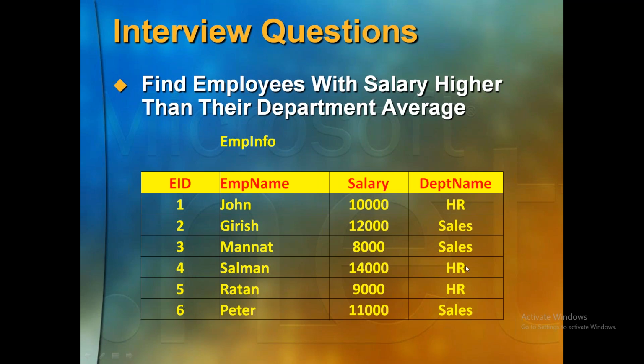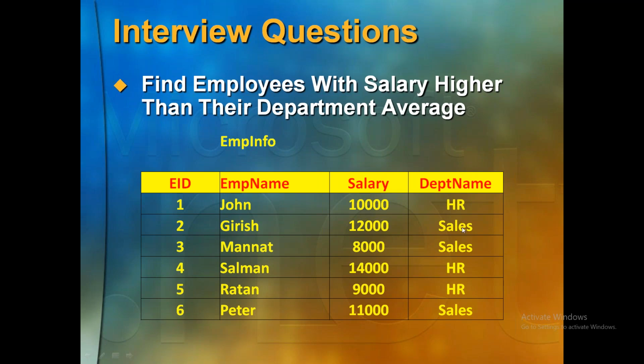First, you need to find the average salary for each department. That means select department name, comma, average salary, group by department name. You will be able to get something, right? And then you need to compare again. It is their own department average, not the complete average.